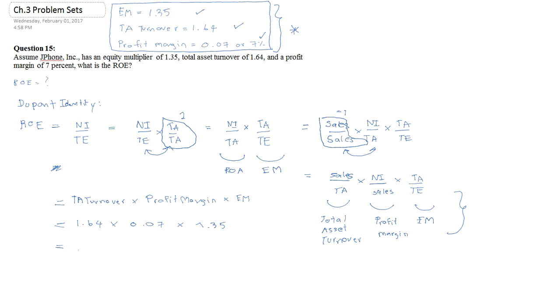So you multiply all of them together, you get 0.1550. I round it up, so it will equal 15.5%.